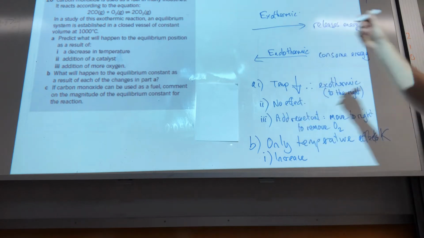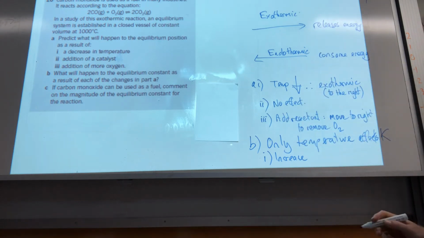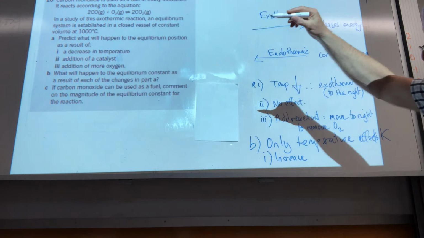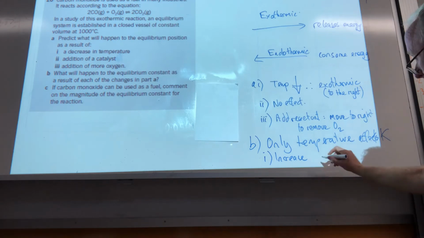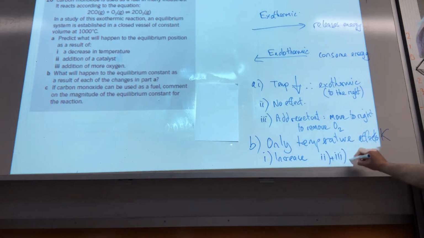Every time a reaction goes forward, you get more products. The numerator is higher than the denominator, so therefore the value of the fraction increases. 2 and 3 are no change. They don't involve a change in temperature, so they don't involve a change in the equilibrium constant.